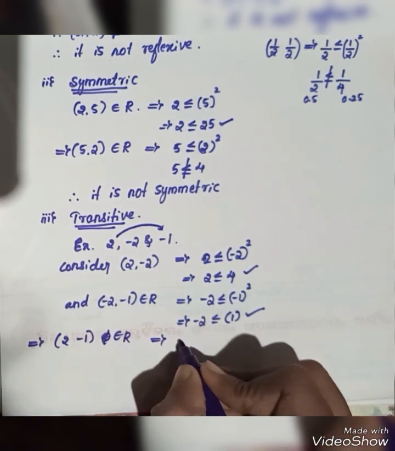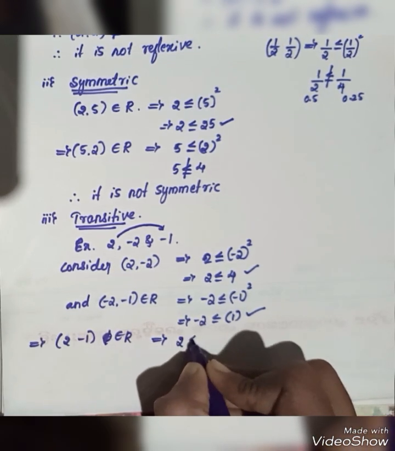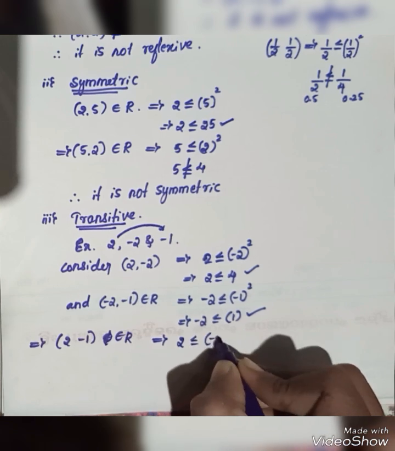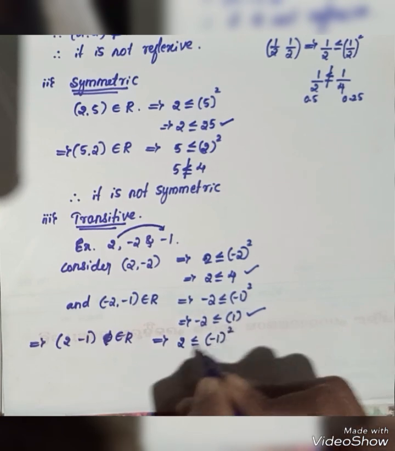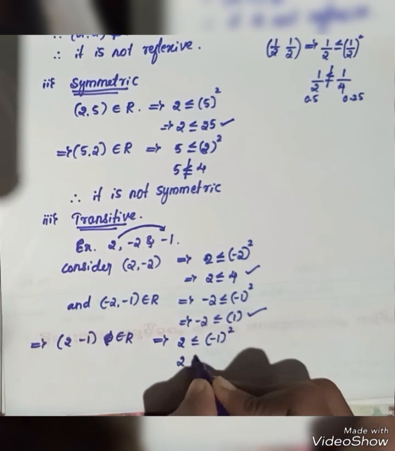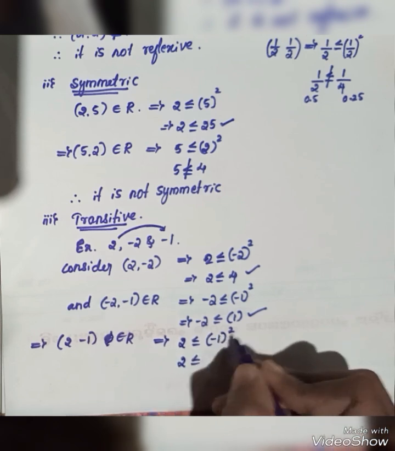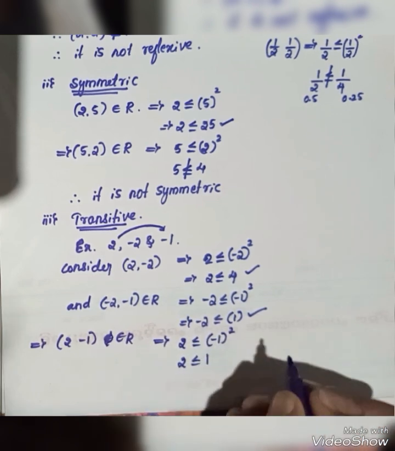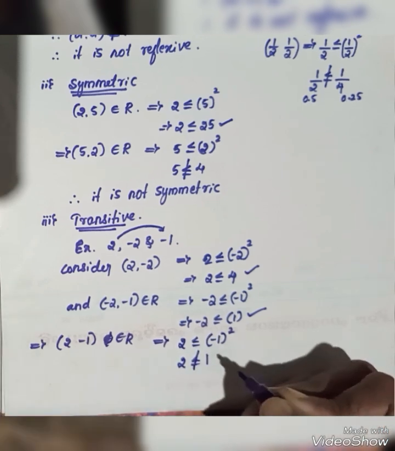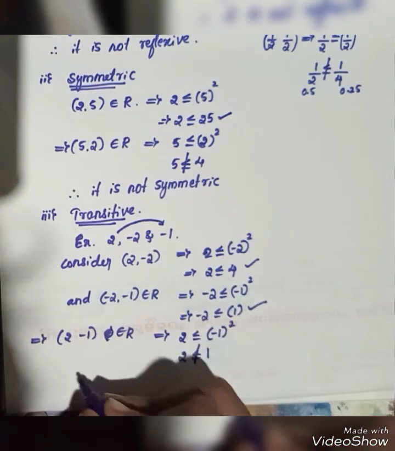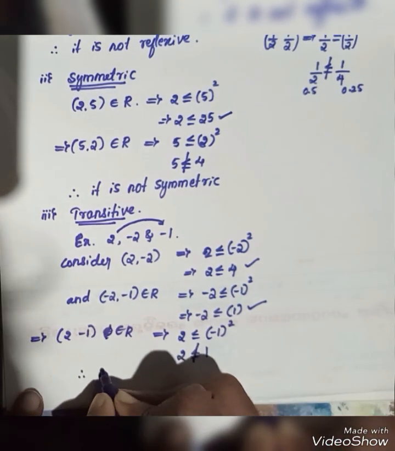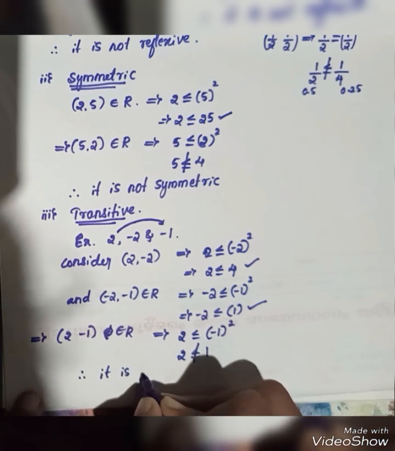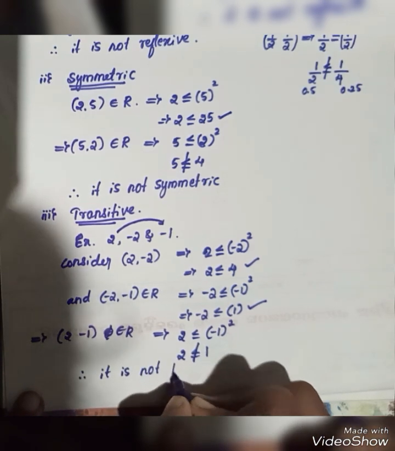Here A becomes 2, less than or equal to minus 1 square, which is 1. 2 is larger than 1. Hence the condition is not satisfied. Therefore, it is not transitive.